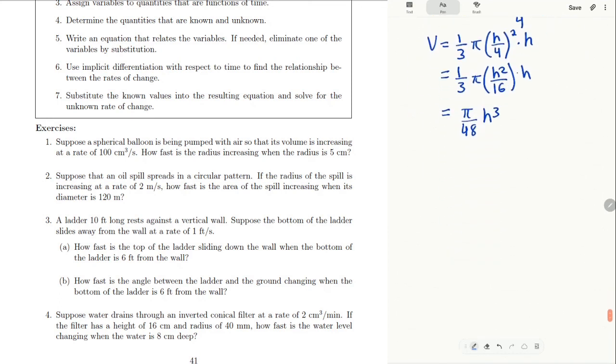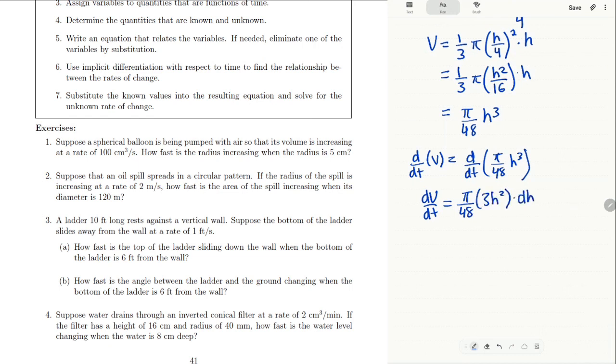So now that we have eliminated the r variable, we can now use implicit differentiation. We will differentiate both sides with respect to t. So we have dV over dt is equal to pi over 48 times 3h squared.